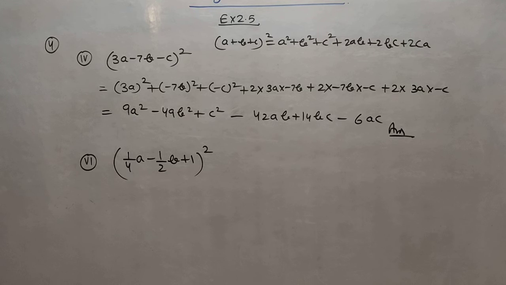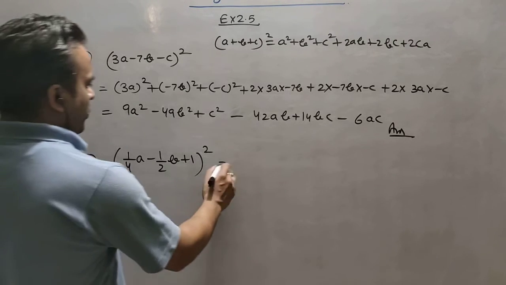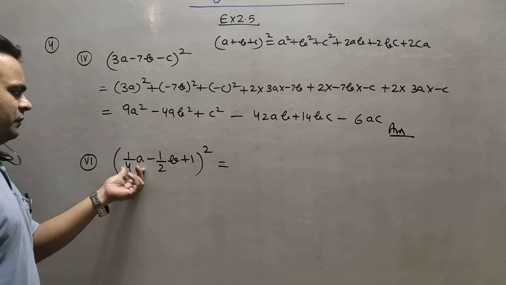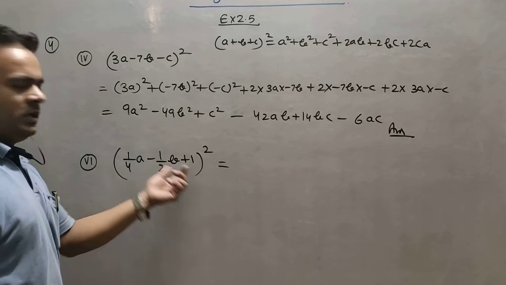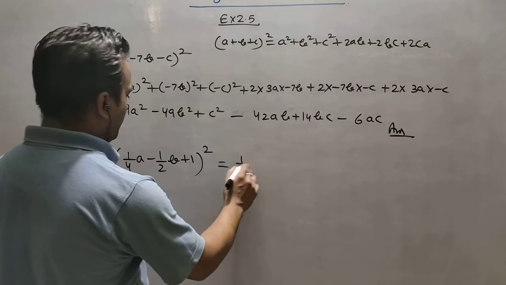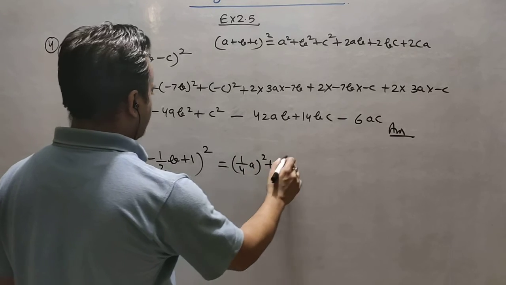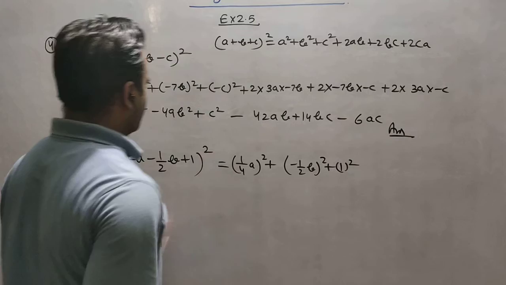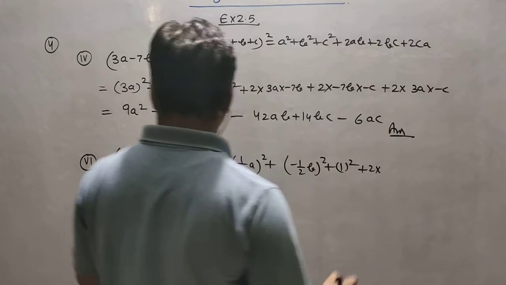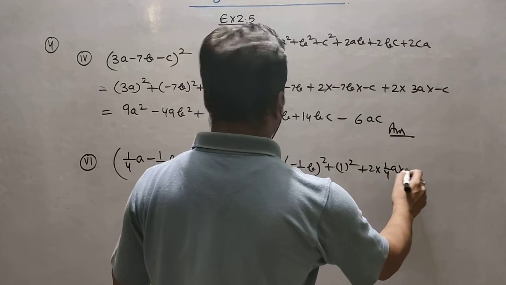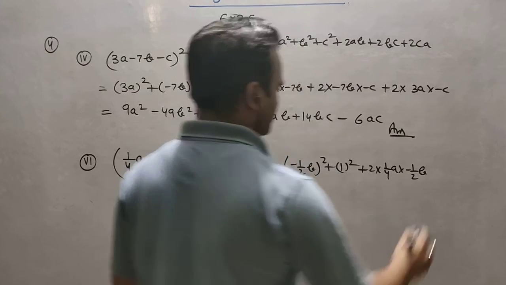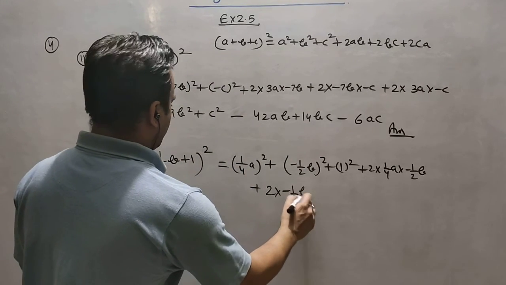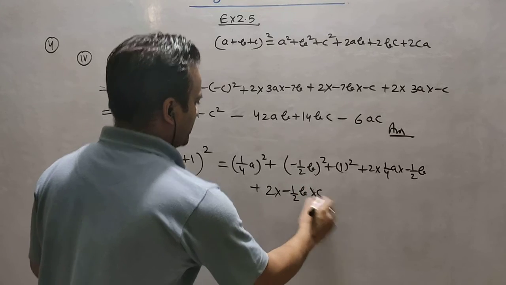Okay, now here also this a, this complete value 1 upon 4 a will work as a, this will be b, and this is c. So square of first one we know very well, then square of second one, then square of third one. Now next is 2 into first one into minus second one, plus I am writing here 2 into second one into third one.